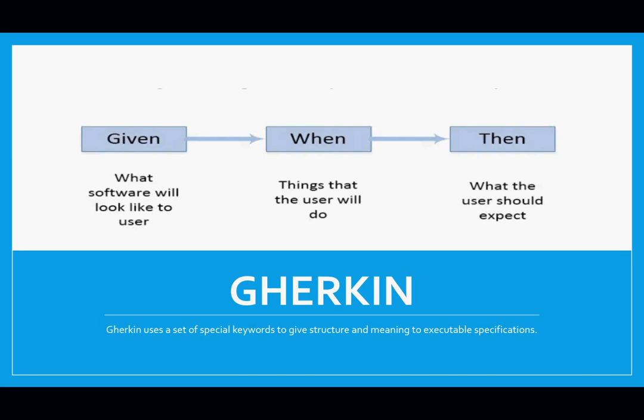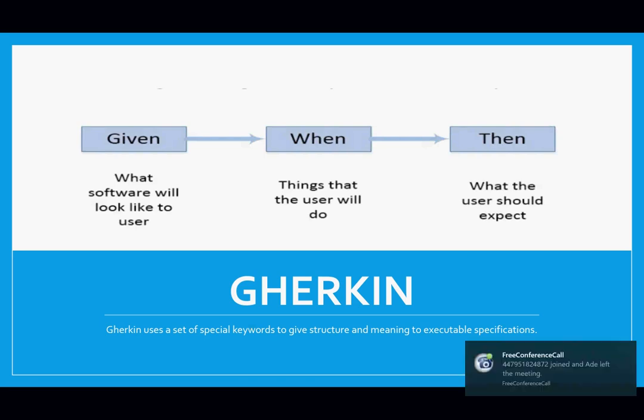It's written in Given, When, Then. You have a Given clause, a When clause, and a Then clause. The Given clause is where you describe what the software will look like to the user, or in most cases, what the software will do before you continue.